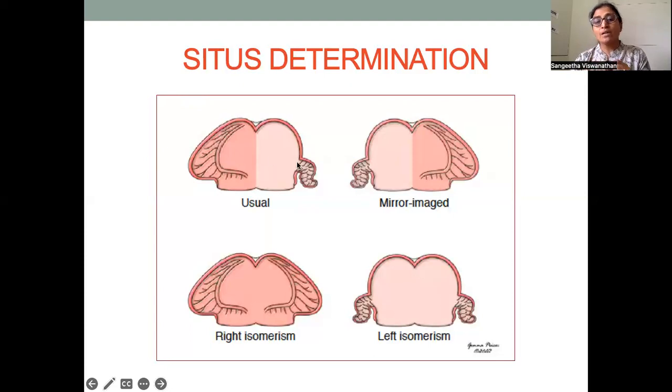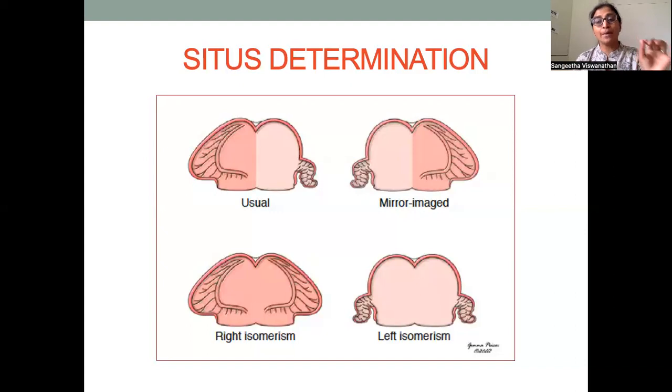Whereas on the left side, the left appendage is usually hook-like or finger-like, much smaller, and the pectinate muscles usually are more towards the tip of the appendage, not up to the connection with the left atrium. So the right atrial appendage and the left atrial appendage morphologically look very different.